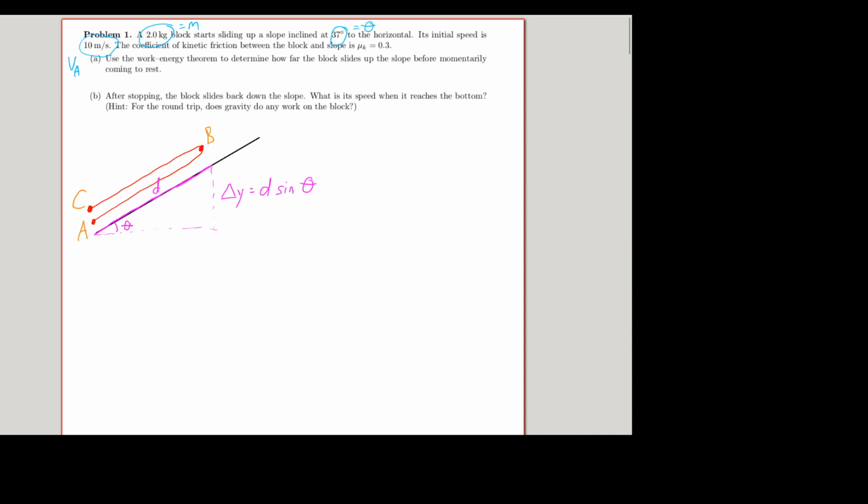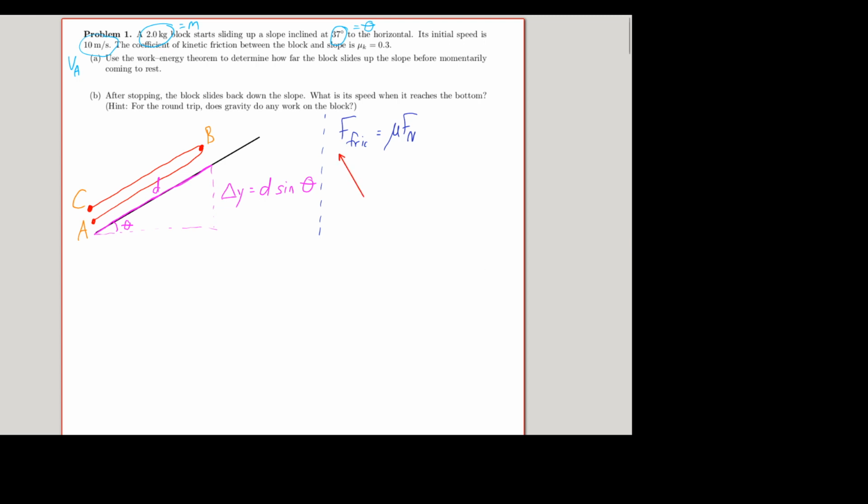Now, one thing that I will need also to know is the frictional force. So we'll do that as a sidebar here. The frictional force we know is mu times the normal force. In thinking about how big the normal force is, I'm going to sketch a quick free body diagram here.